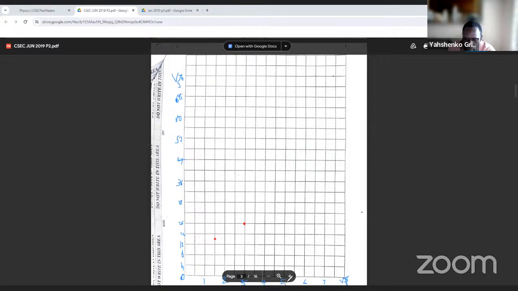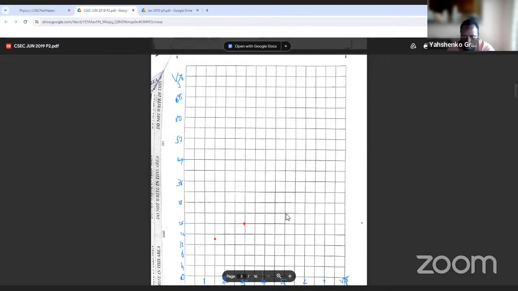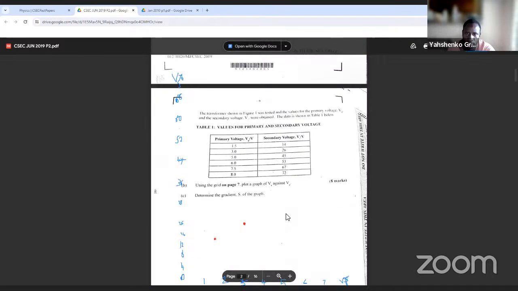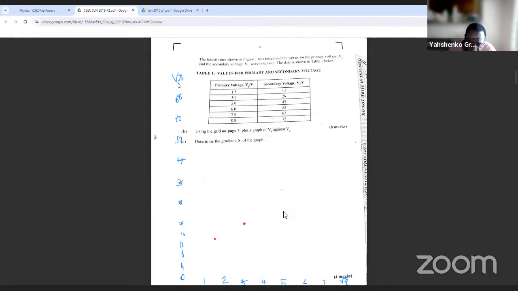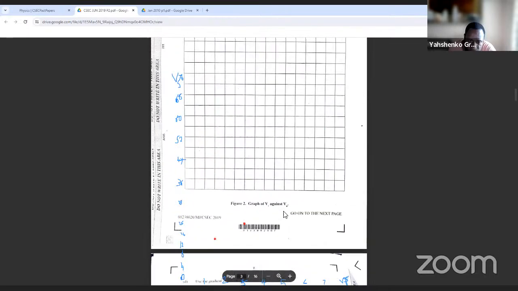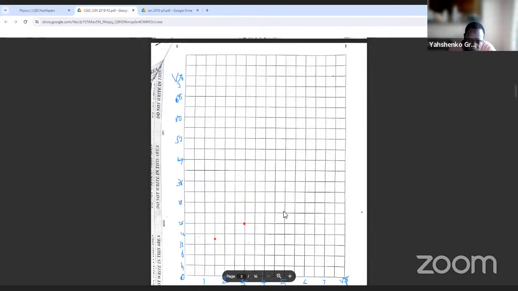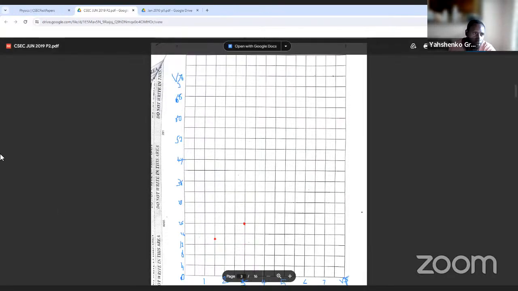Then it went up to 5. And it went up to 45. So 14, 26, 45, 53. So at 5, it should be at 45.